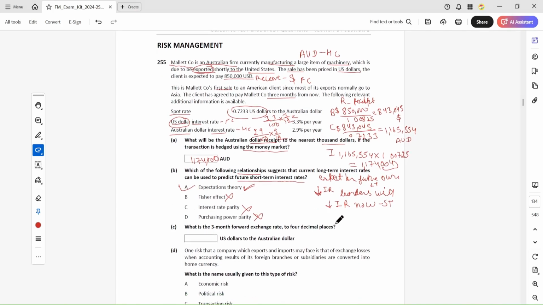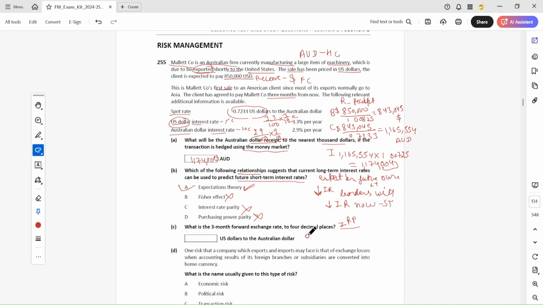We can calculate this very easily. This is interest rate parity theory. Generally, this method is used by banks to calculate the forward rate.